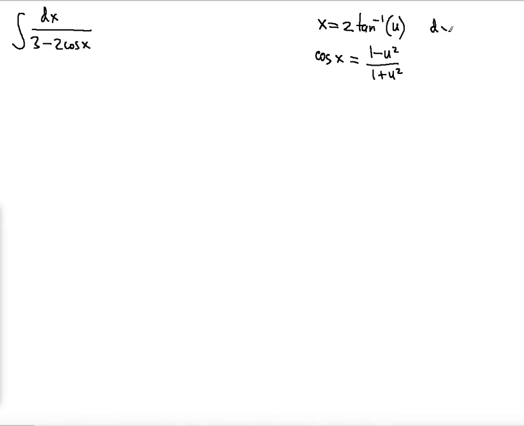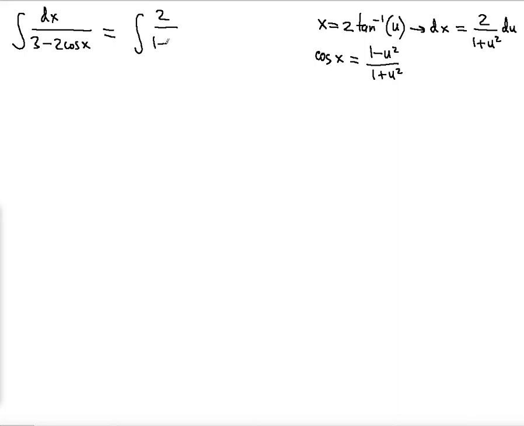Now the dx is going to be the differentiating of this part, right? Which is going to be what? 2 over 1 plus u squared du. Okay, so that should be clear. So as a result, this integral is going to be what? The dx is going to be that, right?